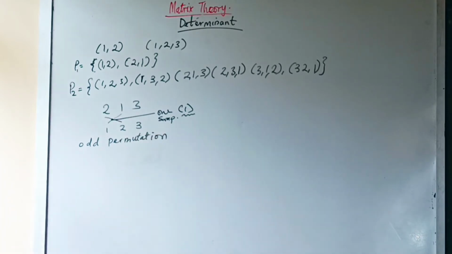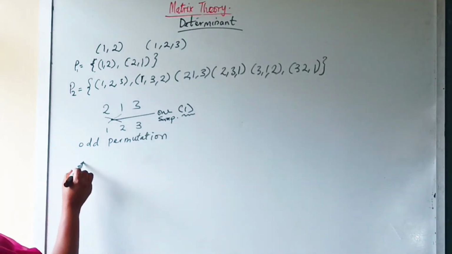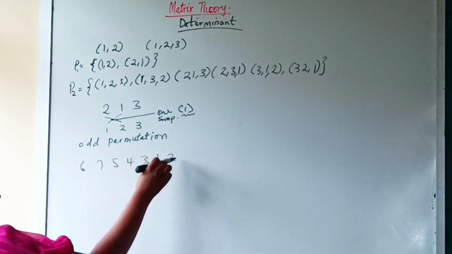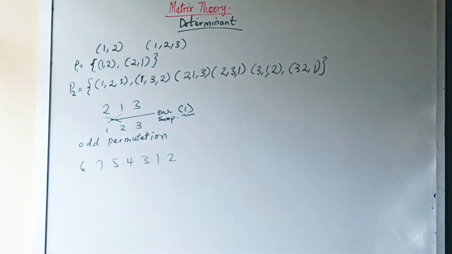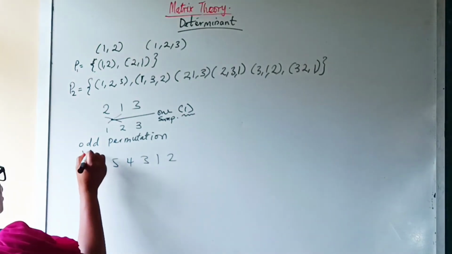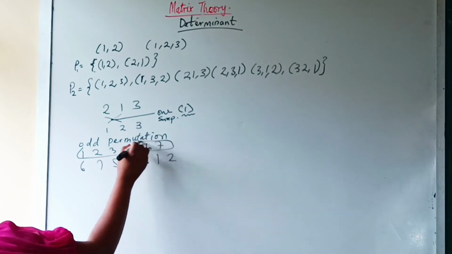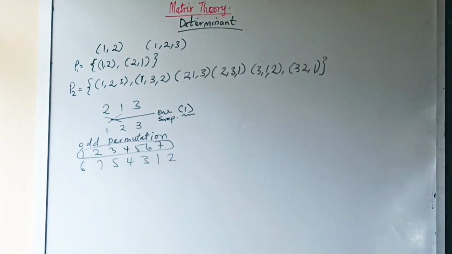So if you are given a permutation and they say you should restore it to the order 1, 2, 3, 4, 5, 6, 7, what do you do? You start from the first one, moving 1 to where it should be.